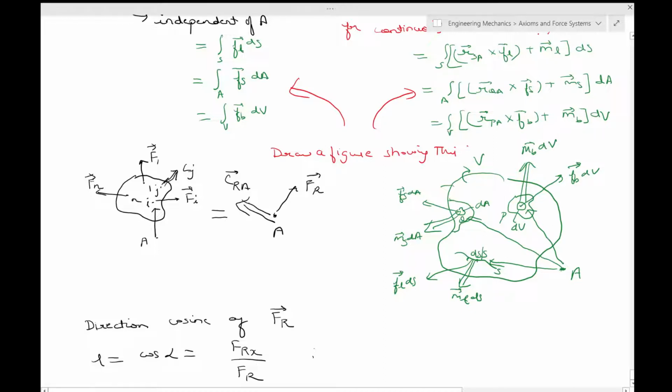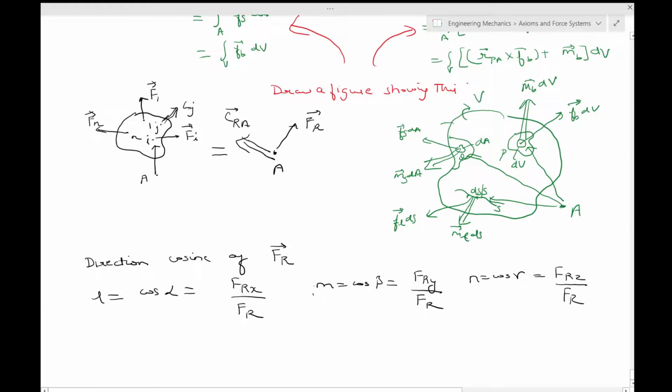This is essentially the orientation of Frx with respect to Fr, and similarly M is equal to cos beta, which is Fry by Fr, and N is equal to cos gamma, which is Frz by Fr.